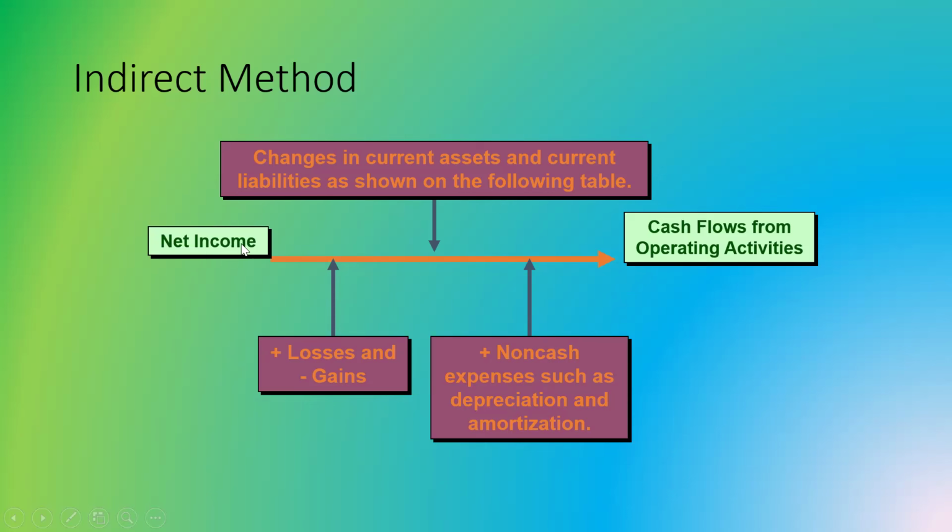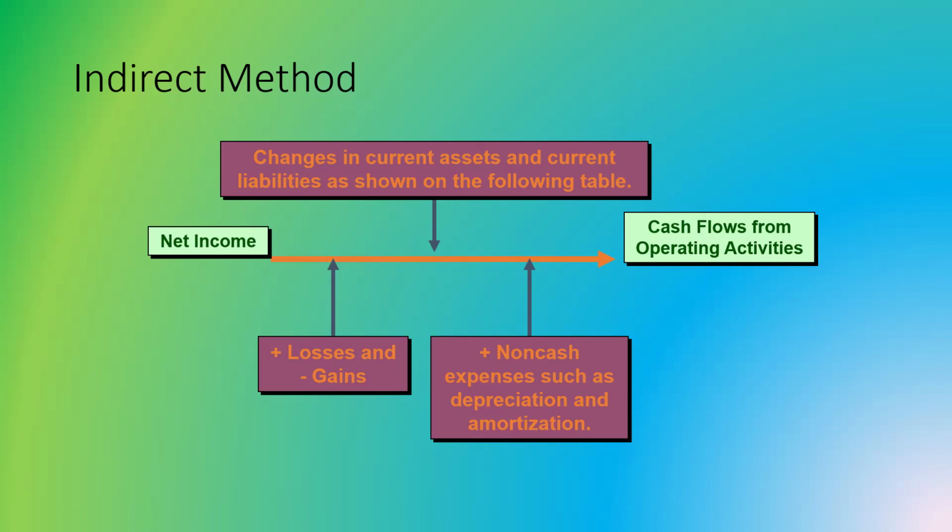Then we have working capital, for example, changes in current assets. An increase in current assets means the company has used cash to purchase inventory or increase accounts receivable and so on.